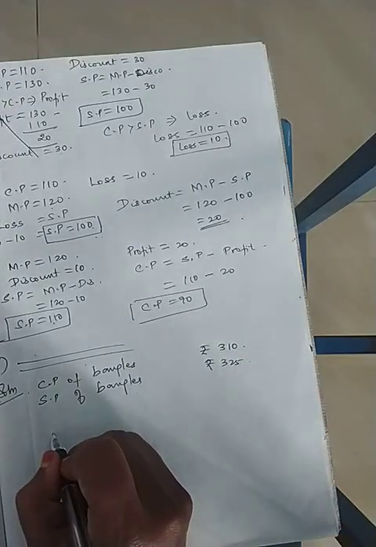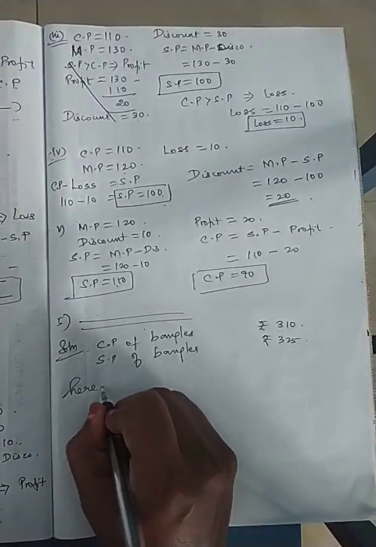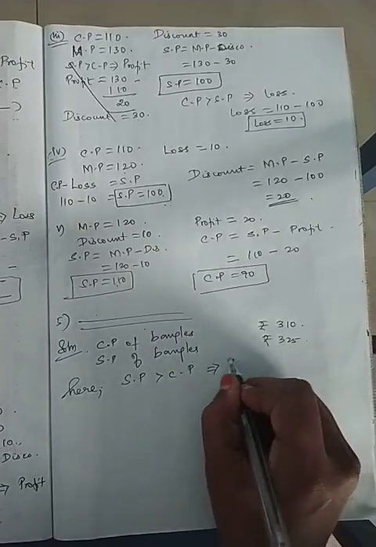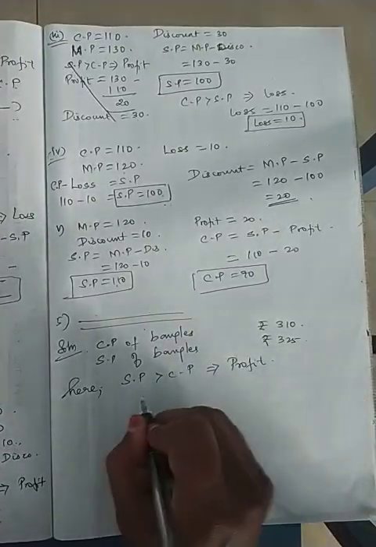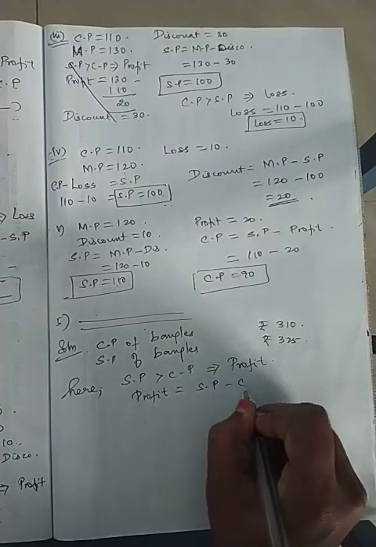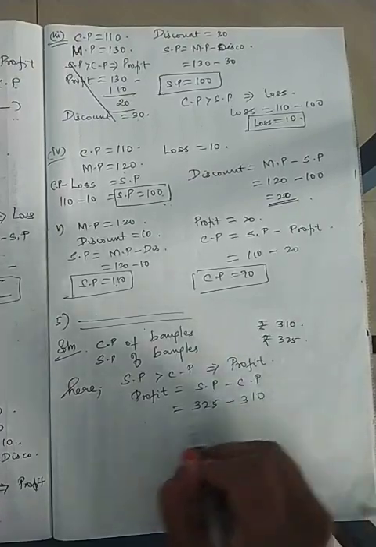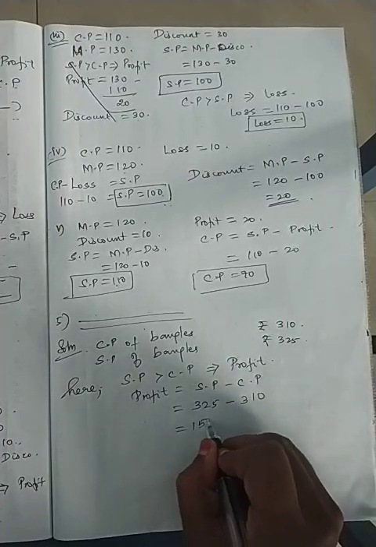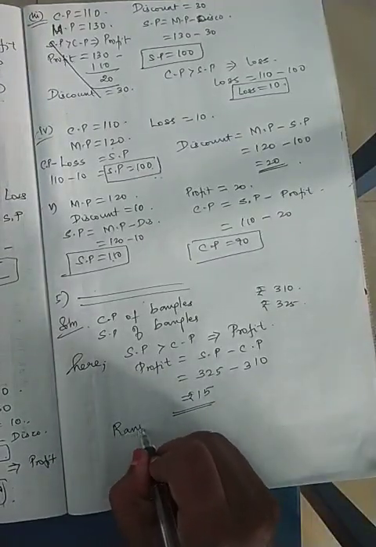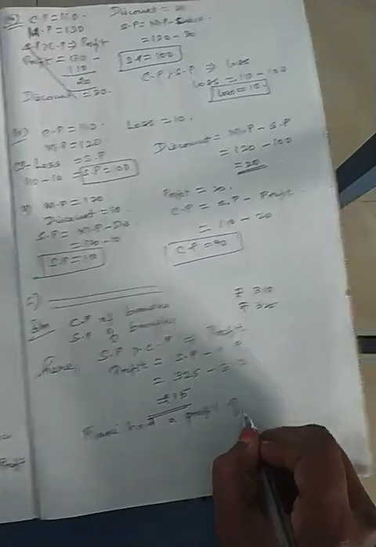You should calculate the profit or loss. Here SP is greater than CP, so this is profit. So profit is equal to SP minus CP, which is equal to 325 minus 310, which is equal to 15 rupees.